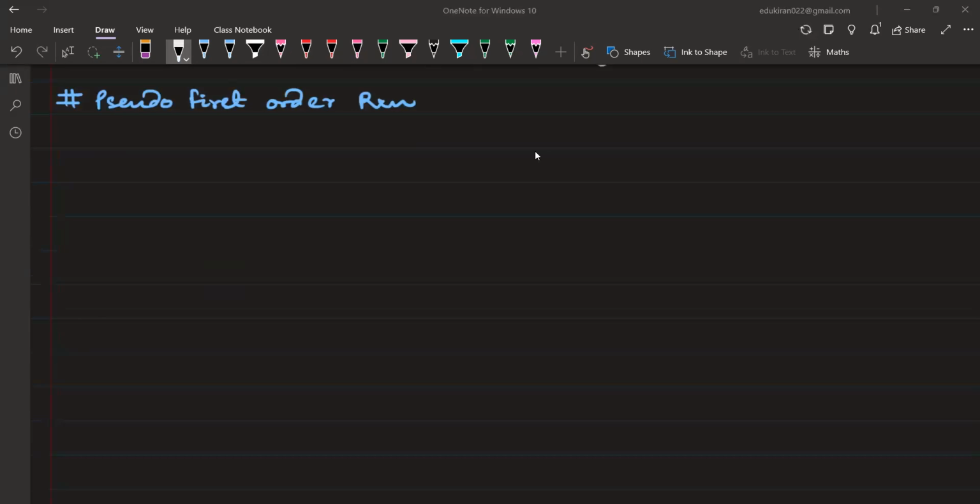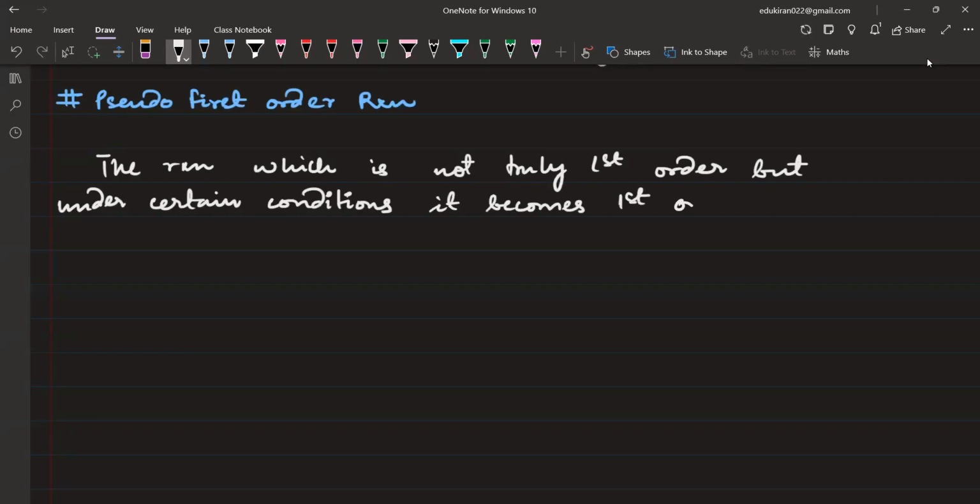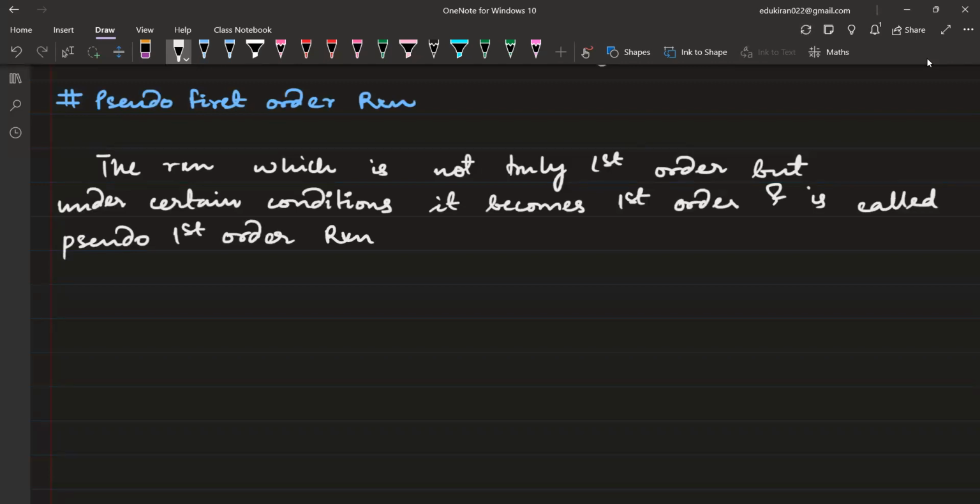So please write the reaction which is not truly first order, but under certain conditions it becomes first order and is called pseudo first order reaction.